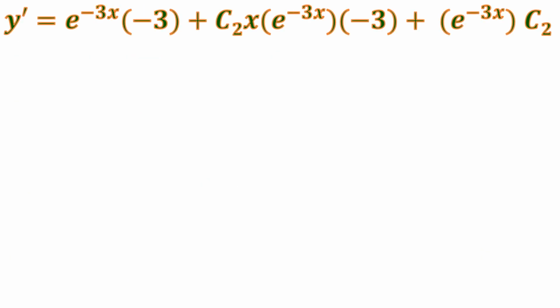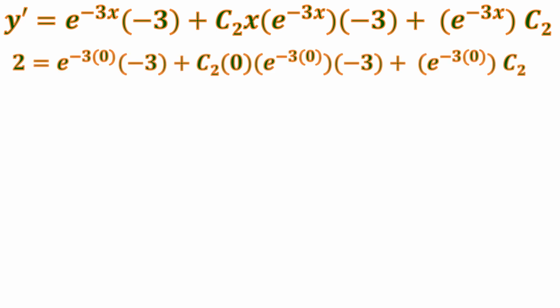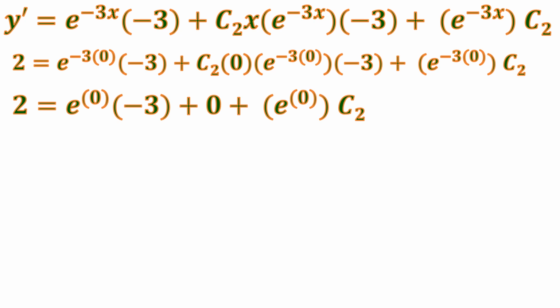So let's copy the first derivative and we're going to substitute based on the given. So based on the given, if x is 0, then the first derivative of y is 2. And then we're going to simplify further. Negative 3 times 0 is 0. And now, since c sub 2 times 0 contains 0, this whole term will become 0.